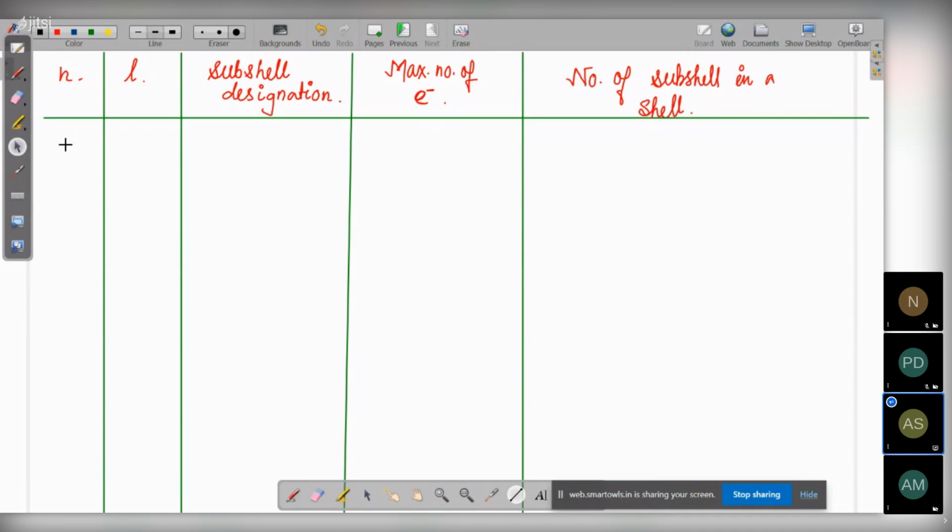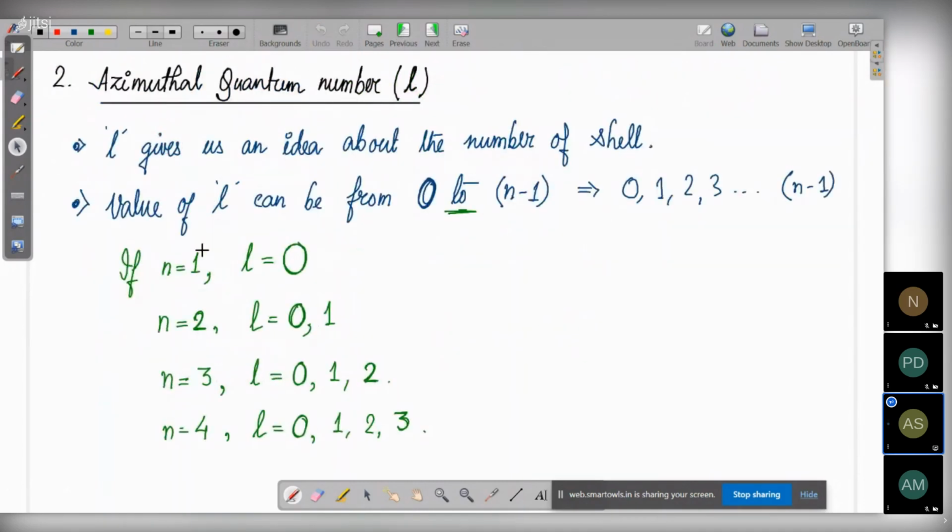So if the value of n is 1, then what will be the value of l? The value of l will be 0, because we have already seen that for n equal to 1, the possible value of l is only 0.